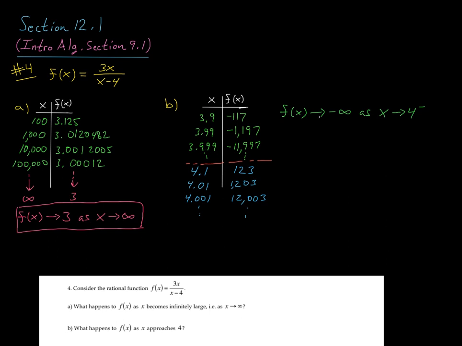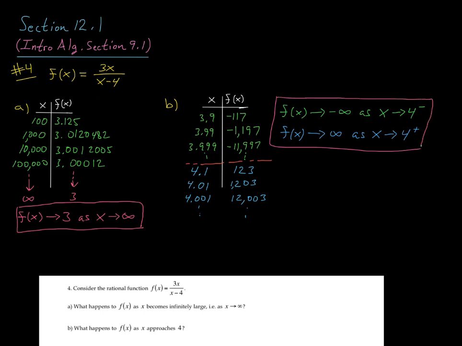So that's what's going on from the left. And then from the right, we're seeing our function values, the y outputs, becoming infinitely big. So these things are becoming infinitely big as we let x approach 4 from the right. These are all numbers for x that are just slightly more than 4: 4.001, 4.0001, and so on and so forth. So this would be a way to write that conclusion.